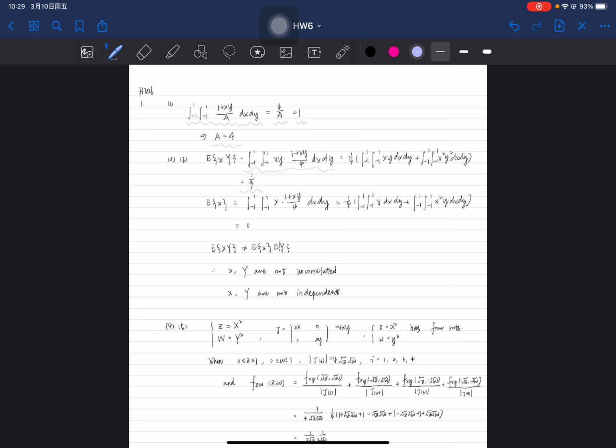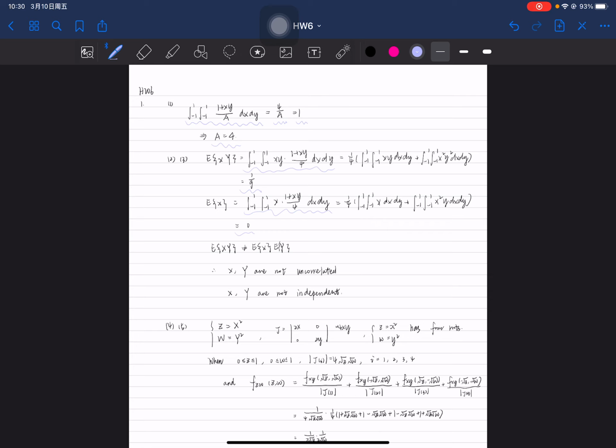We can calculate the expected value of X, which equals the double integral from -1 to 1 of x times (1 + xy)/4 dx dy, and this value equals 0.